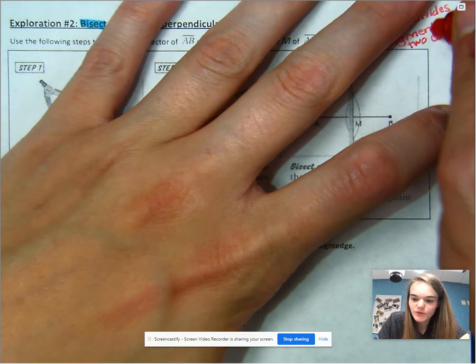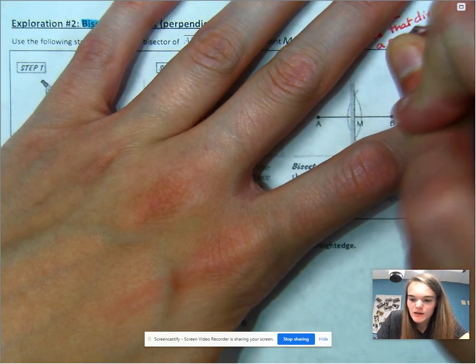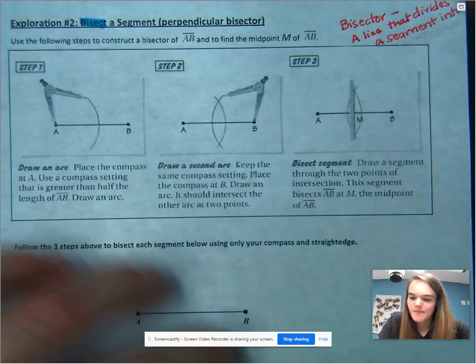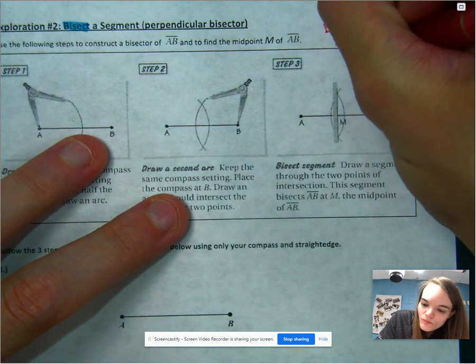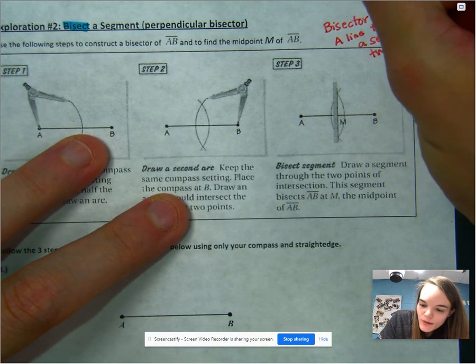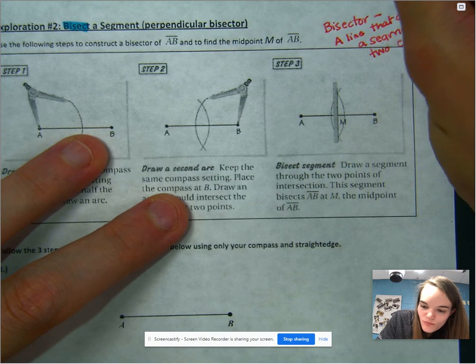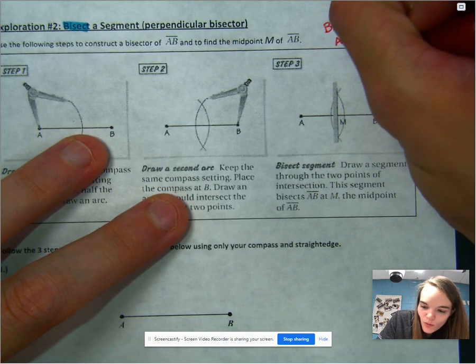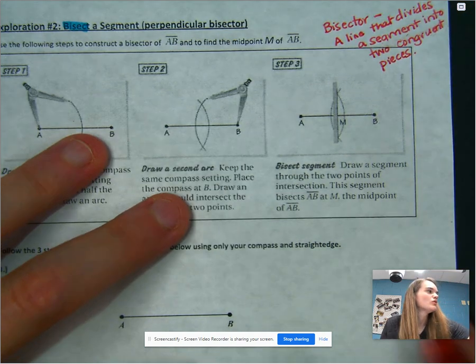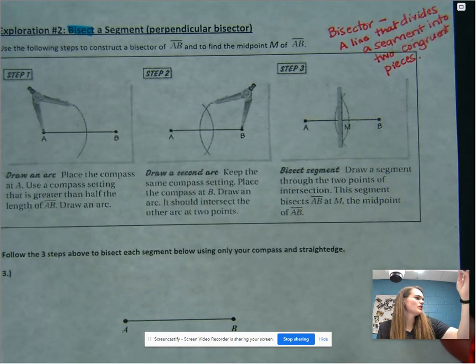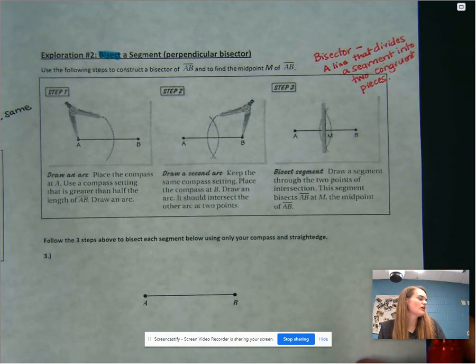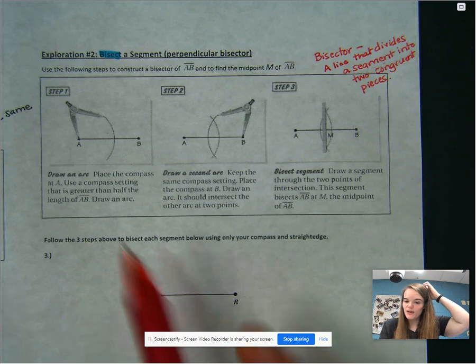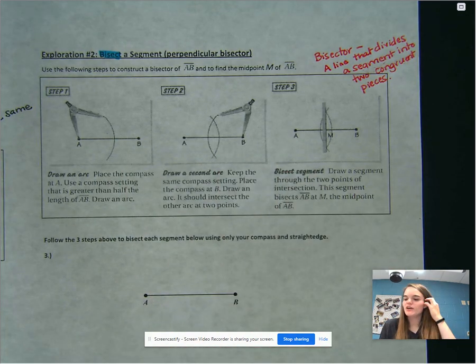I ran out of room. Congruent pieces or segments. That would be a more mathematical term, but oh well. So just like a second ago, I want you guys to take a minute, read steps 1, 2, and 3, and bisect these. Pause the video and try that.